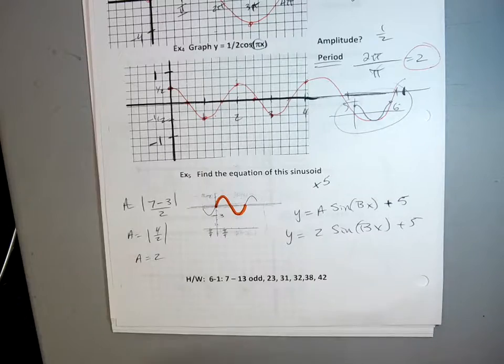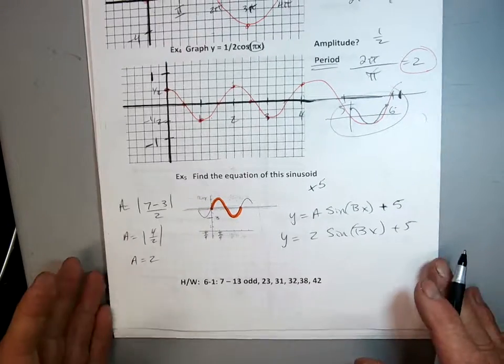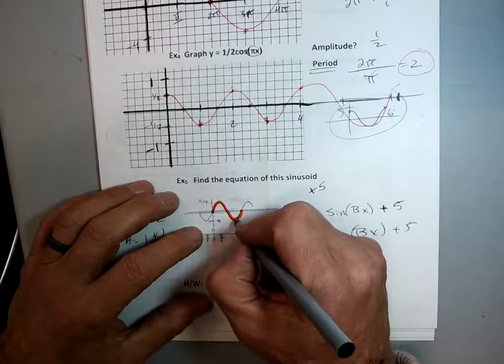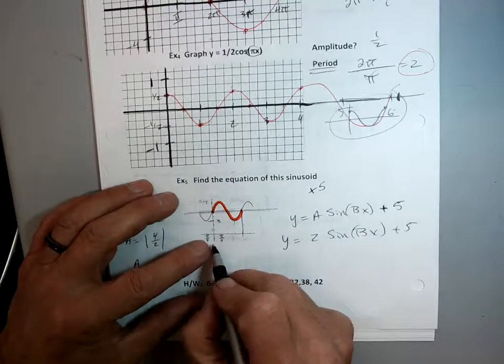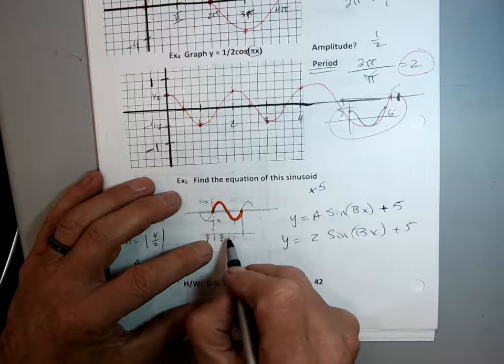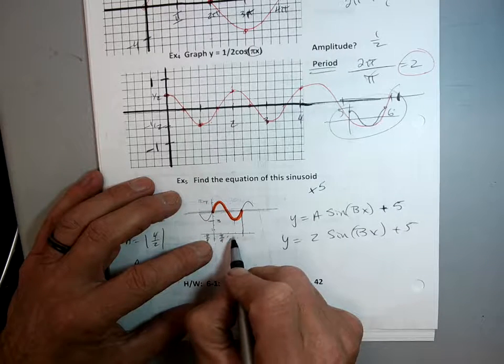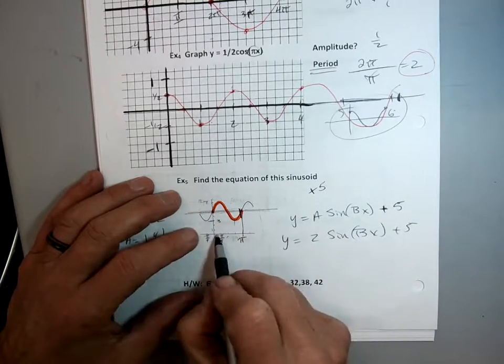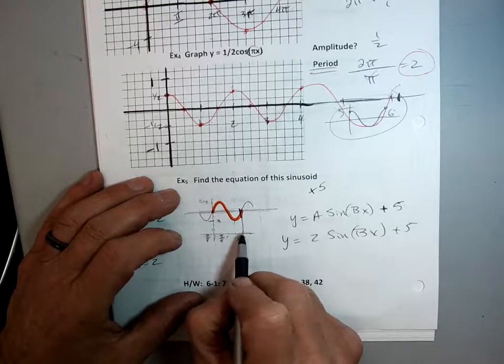Okay? So to find the frequency, we're going to do the opposite of what we do for the period. First of all, let's find out how wide this curve really is. We're going to go from here to here. Okay? So we're going to go pi fourths, pi halves, 3 pi fourths, pi. So I'm going to have one curve within pi.